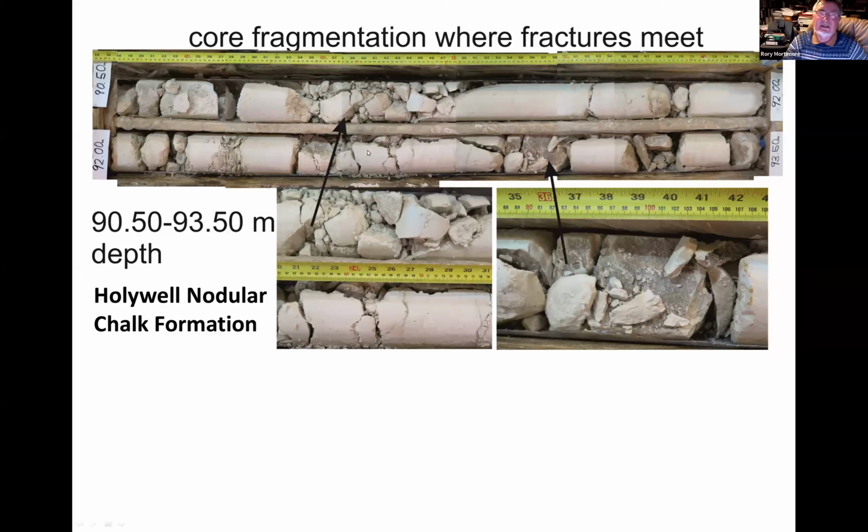Here we have an indication of core fragmentation quite deep down. This is 90 to 93 meters depth, and you might expect the chalk to be nice and tight all the way through. But because of the fracturing, the drill bit has actually broken up the core all the way through. And you see the joints and fractures in here are stained, quite heavily stained. But when you do get a decent bit of core, you can see that those joints were closed.